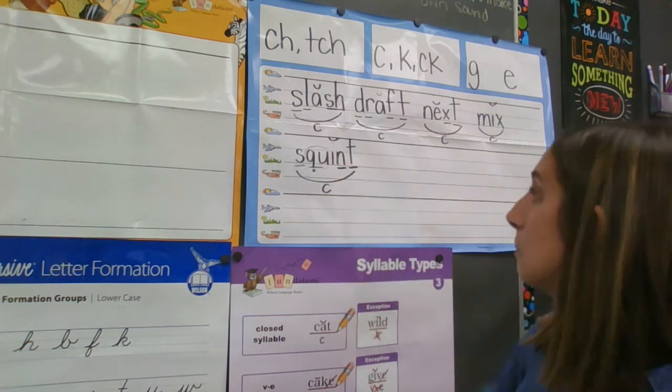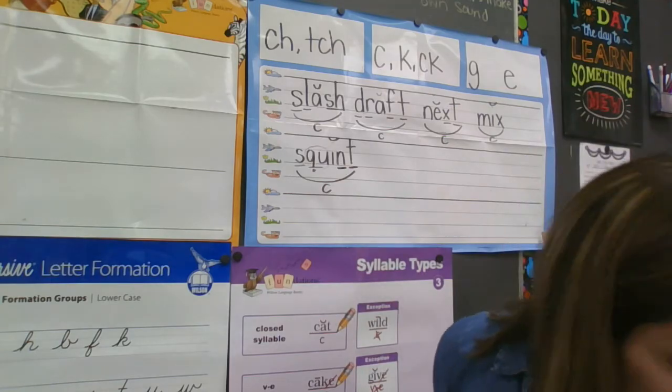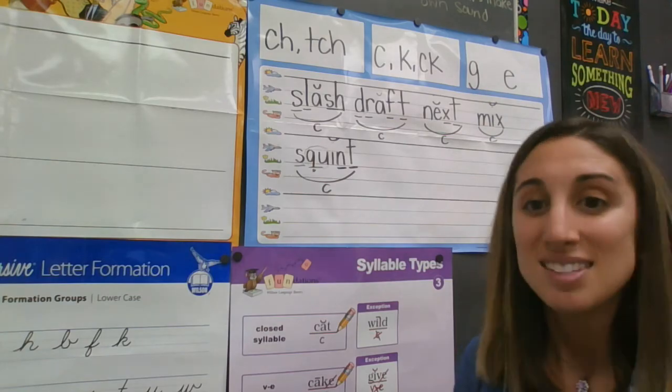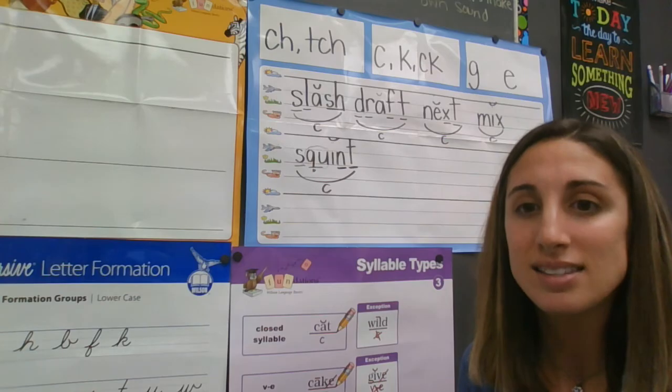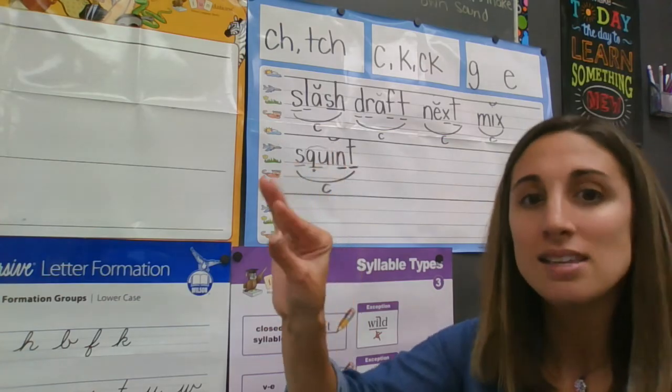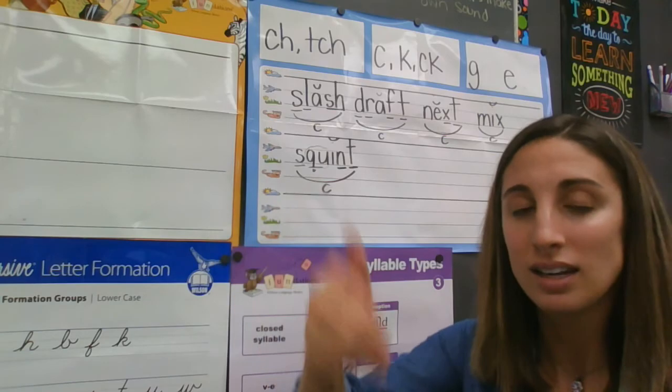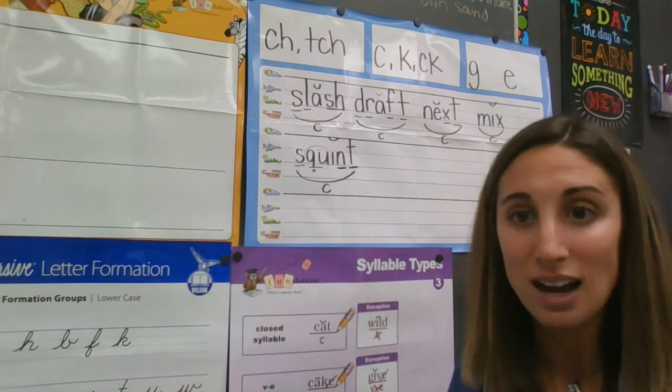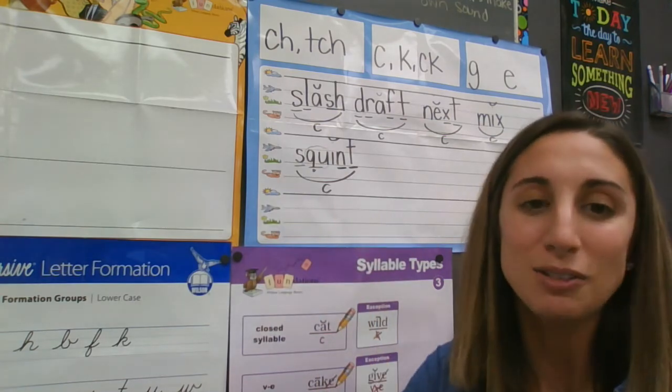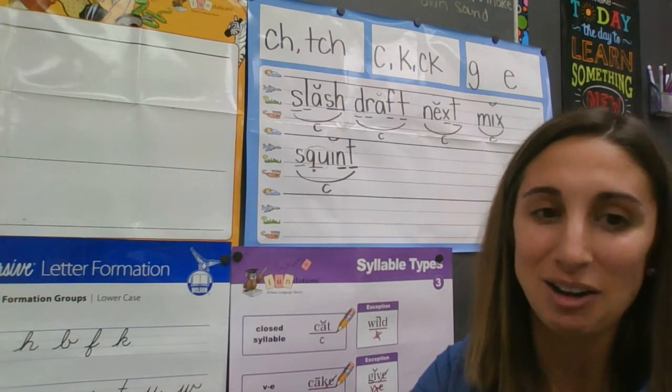Let's scooch over to number 2 and write this next word. Stuck. Say it. Stuck. Tap it. Stuck. I hope you don't get stuck on this one. Pause it, write it, mark it, and see how you did.